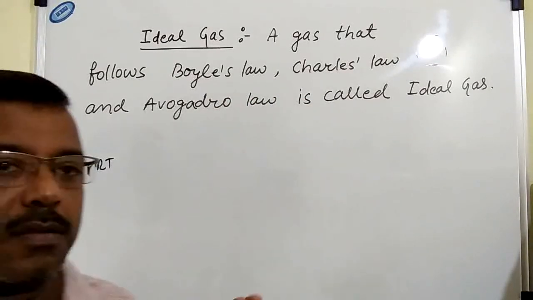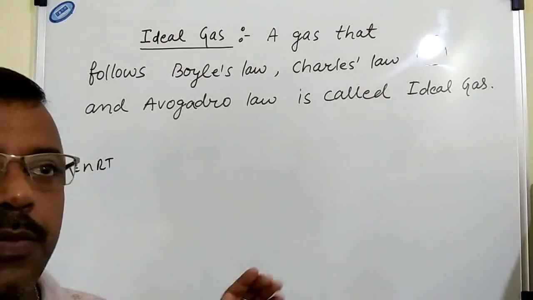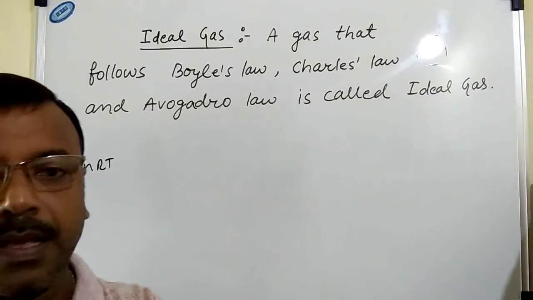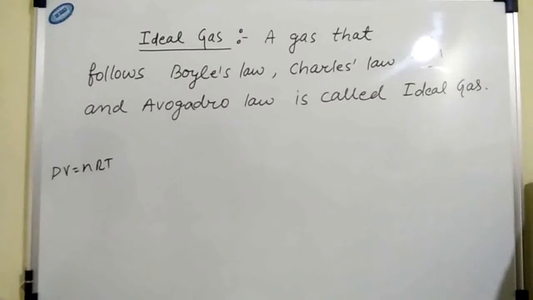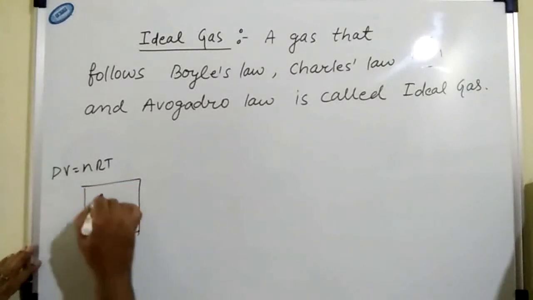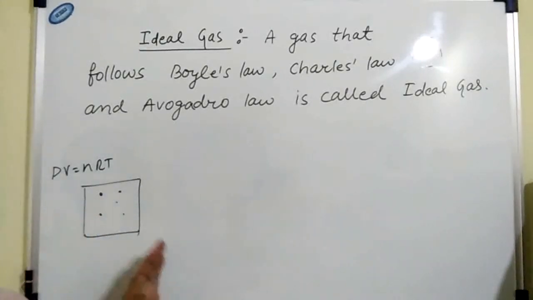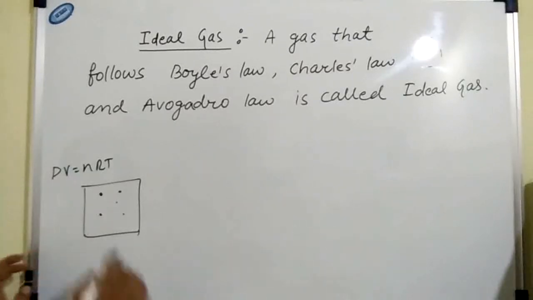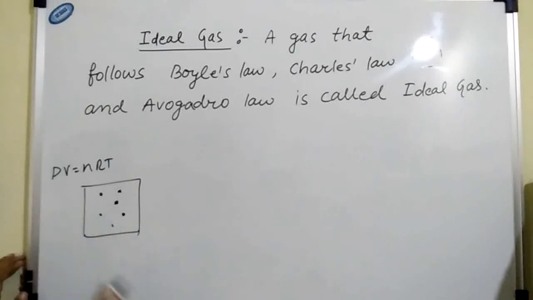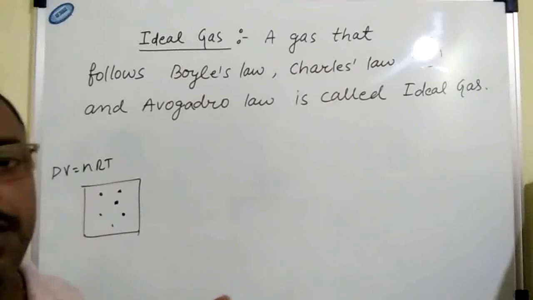The brief property we have discussed is that in the case of an ideal gas, it is assumed that the particles have no intermolecular attraction, and the volume of an individual molecule of an ideal gas is negligible in comparison to the total volume of the container.